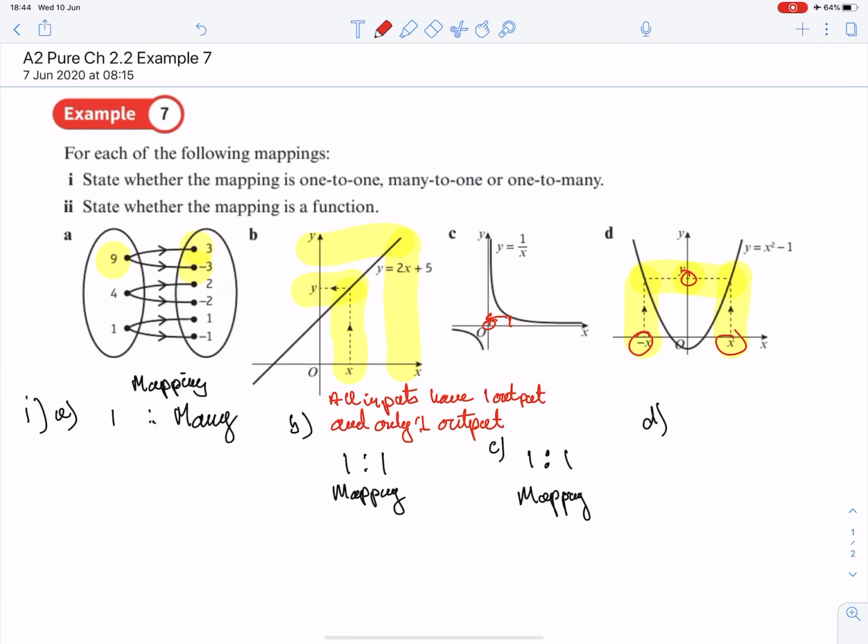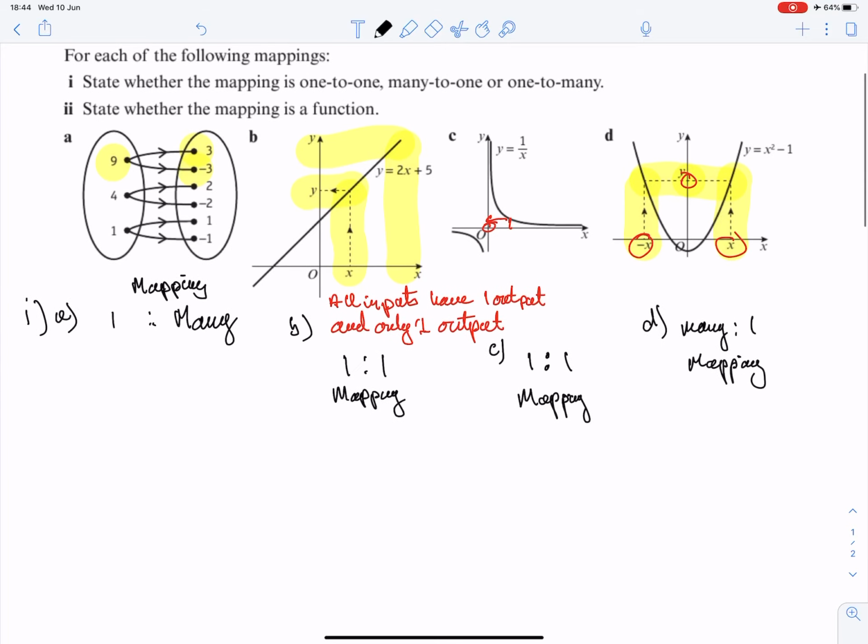So that would be a many-to-one mapping, because more than one input gives one output. And in the same way as part B, every input gives an output.